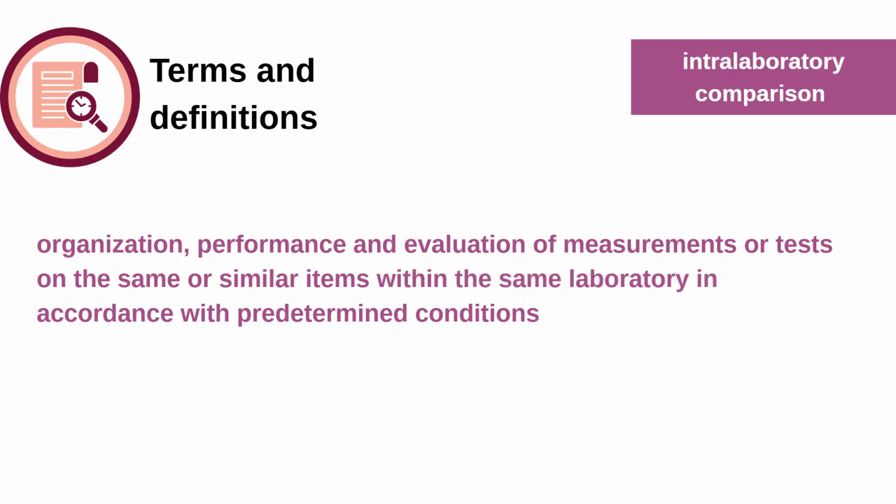Moving forward, this is inter-laboratory, and the next one is intra-laboratory comparison. In intra-laboratory comparison, the organization, performance, and evaluation of measurements or tests on the same or similar items is done within the same laboratory in accordance with predetermined conditions.